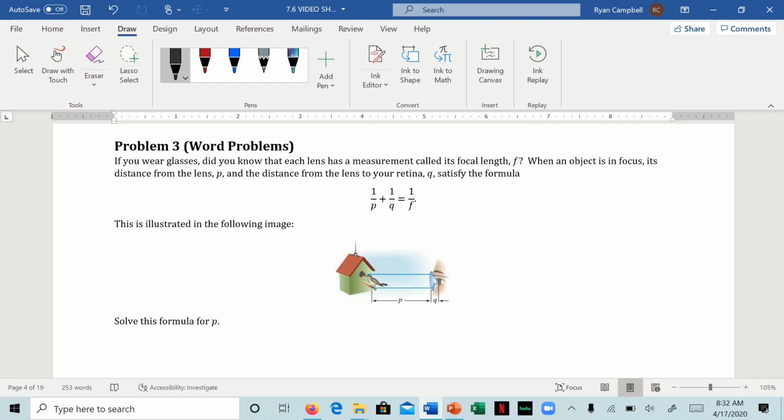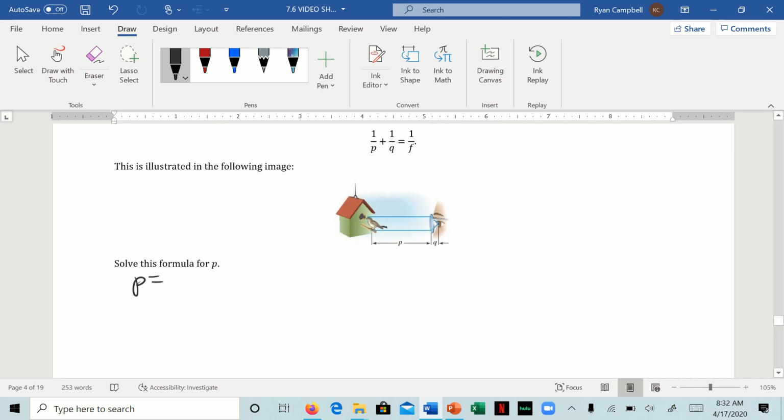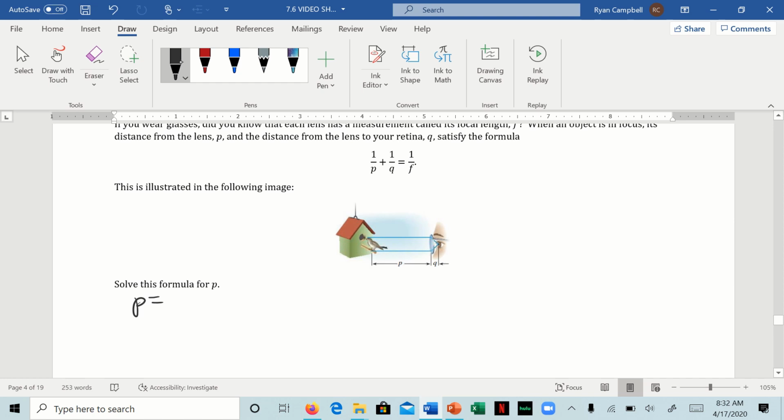For this formula, let's solve for p. That means we need to say p equals something. If we're solving for p, notice p can't be 0.